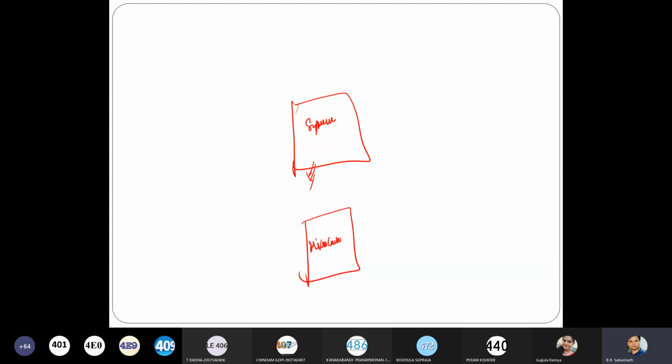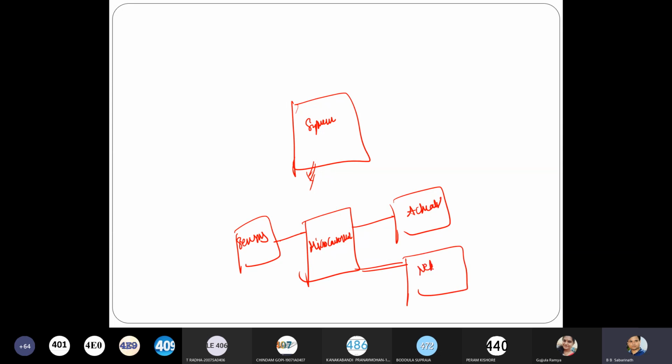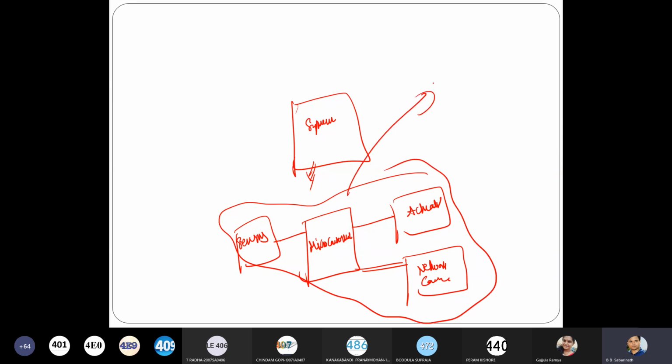To this microcontroller we have sensors, and also actuators. Not only actuators, we may have some network connection. Together all these things we call an embedded system.